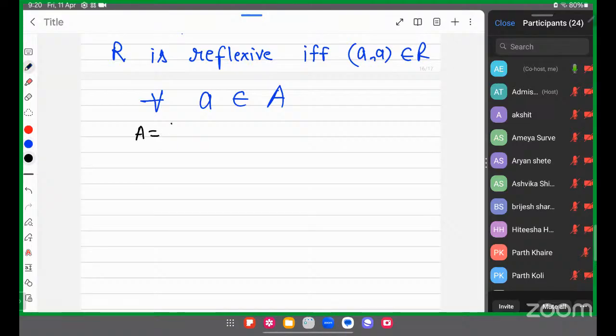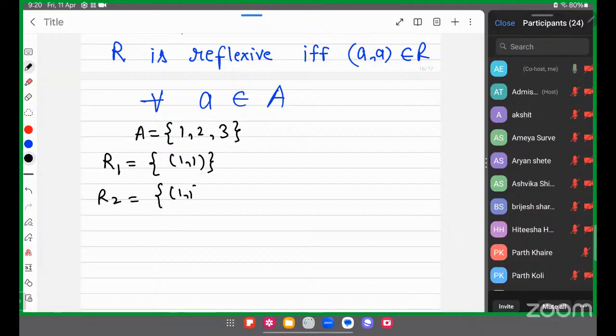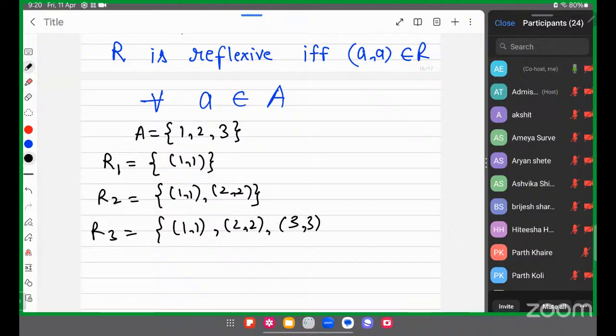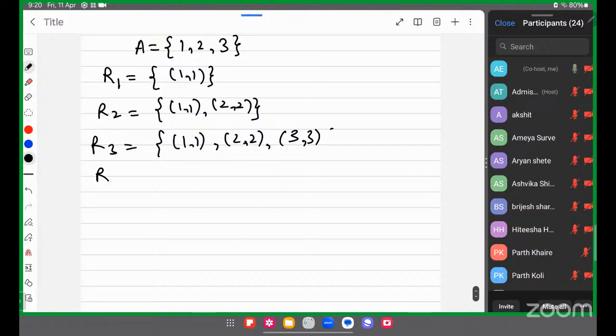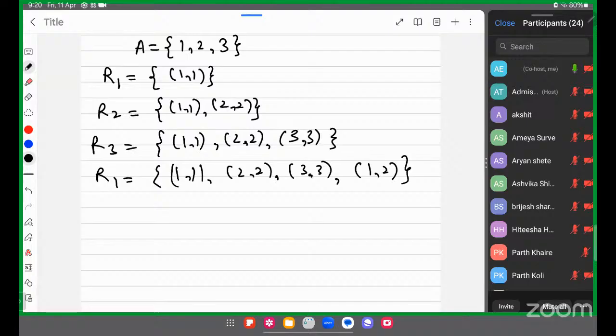we have set A as {1, 2, 3}, and we are having some relations: R1 is (1,1); R2 is (1,1), (2,2); R3 is (1,1), (2,2), (3,3); R4 is (1,1), (2,2), (3,3), (1,2).